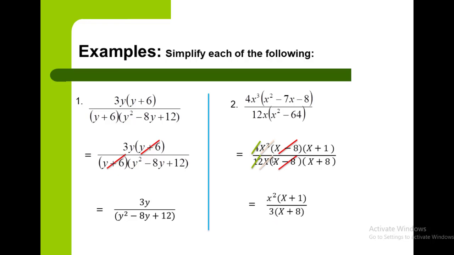We cancel x minus 8 with x minus 8, then the expression will be x squared times (x plus 1) over 3 times (x plus 8).